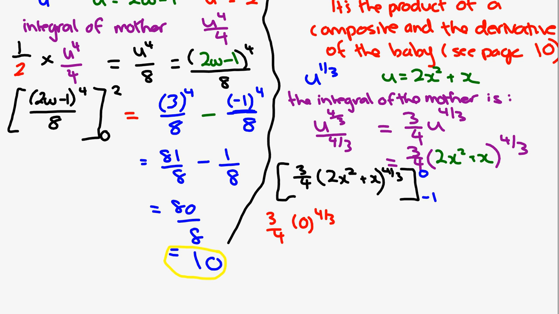Minus. But the next one's going to be a bit awkward. 3/4. Now let's work this one out properly: 2 times negative 1, because otherwise things can go wrong for you. 2.